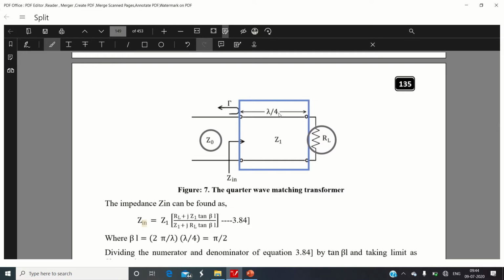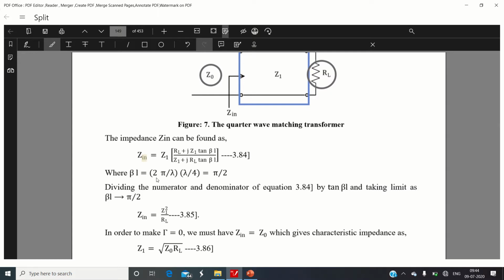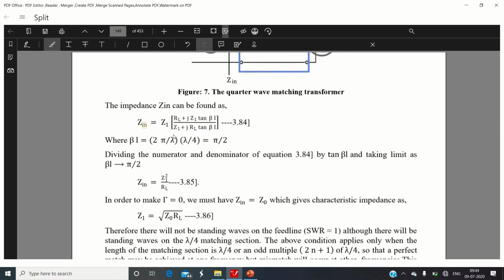We already know that the quarter wave transformer has a length of lambda by 4. When we substitute beta L as 2 pi by lambda times lambda by 4, the total phase shift is pi by 2 radians. So for this equation, we divide the numerator and denominator by tan beta L, and then take the limit as beta L tends to pi by 2, that is 90 degrees.